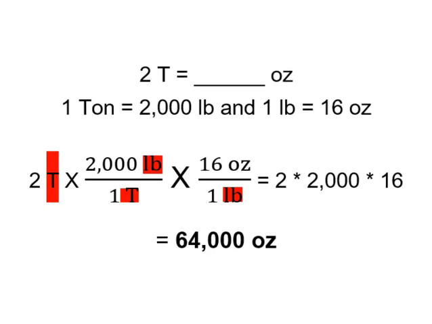When we multiply those together, that is equal to 64,000 ounces. So 2 tons is equal to 64,000 ounces. We did it. Let's move to our next problem.